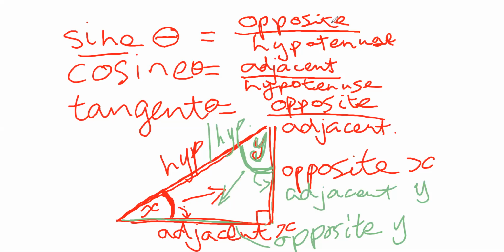Okay. Now, what you need to bear in mind at all times is which angle are you talking about and which then is the opposite or the adjacent. And obviously the hypotenuse doesn't change no matter which angle you're looking at, but you've got to get the opposite side and the adjacent side correct. That's vital.